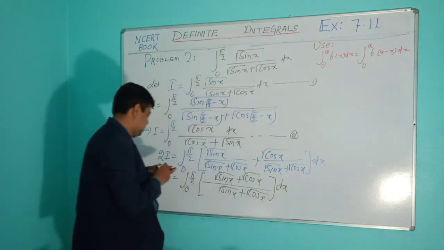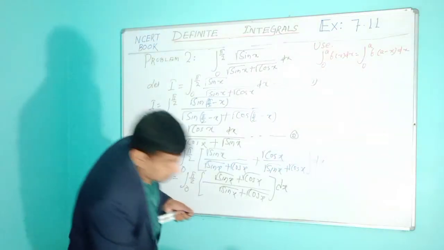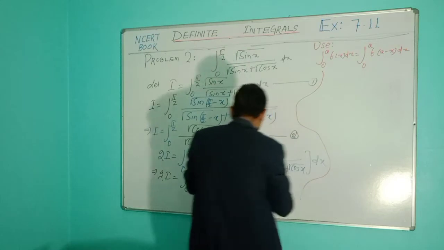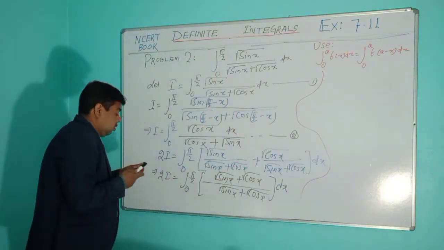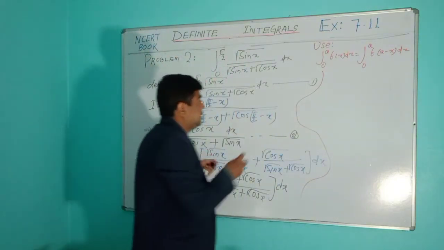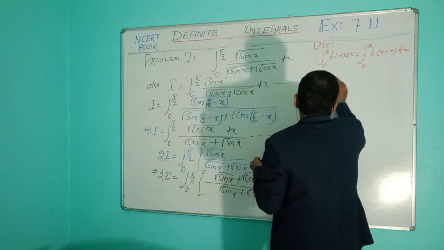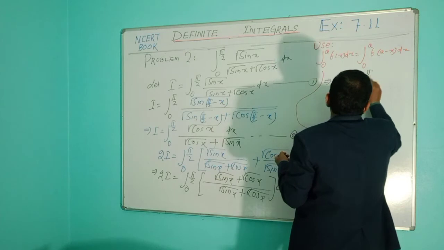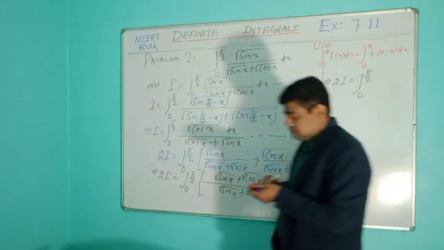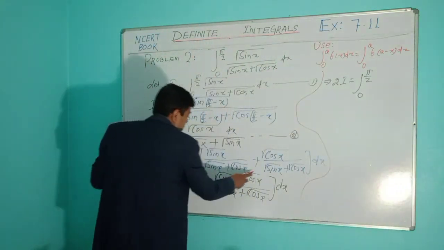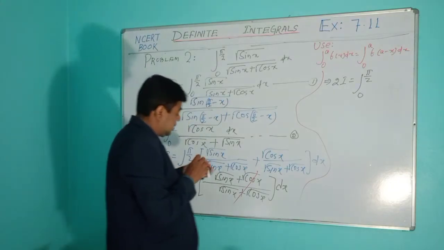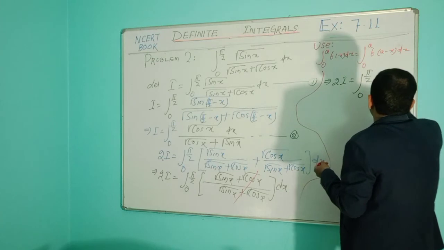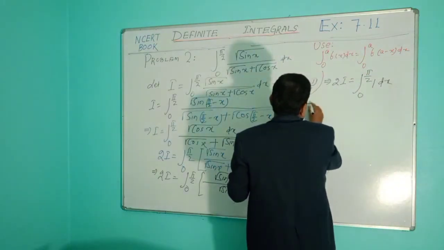Now this can be cancelled, so the value will be 1 dx.